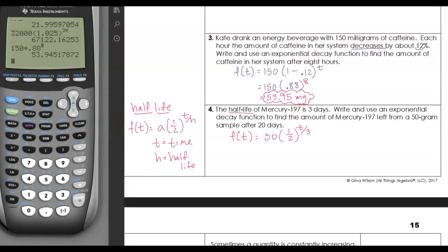So now it wants to know how much is left after 20 days. How can I figure out how much is left after 20 days? Let's do somebody I didn't call last time. Isabella, how can I figure out how much is left after a 20-day period?